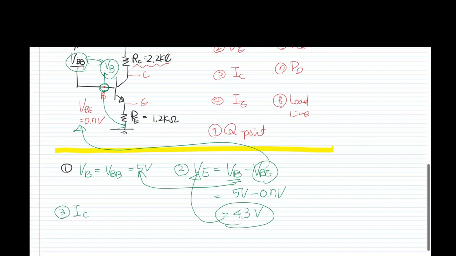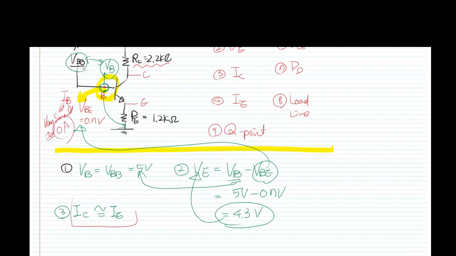So I sub C is, as we learned before, really similar to I sub E because I sub B is very small, almost 0.